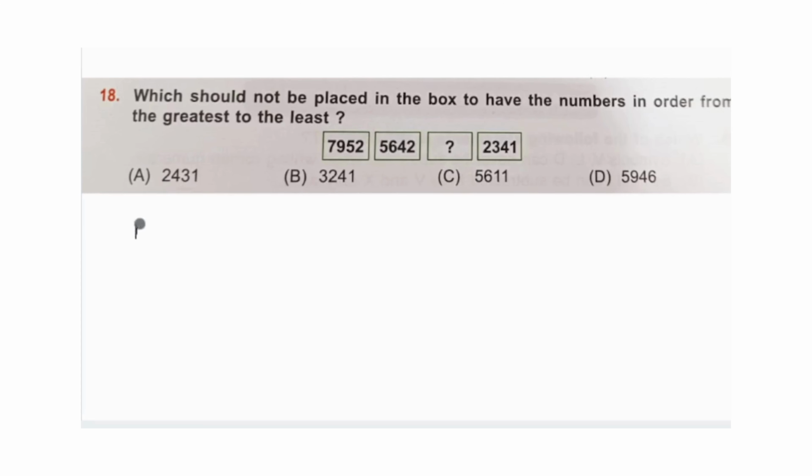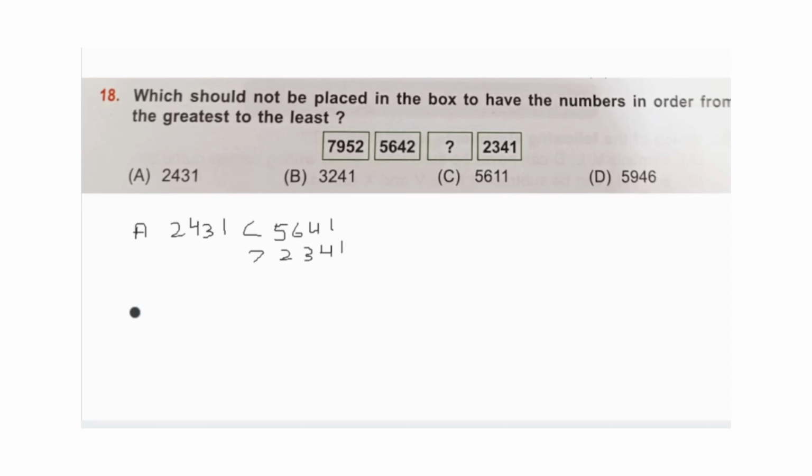Let's say option A is 2431. 2431 can be put in this box because this is less than 5642 and greater than 2341.